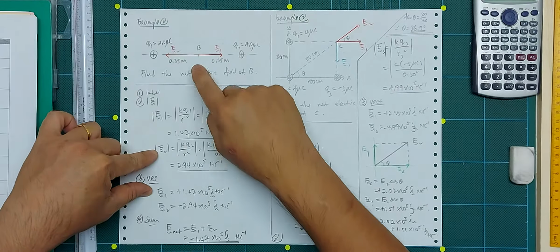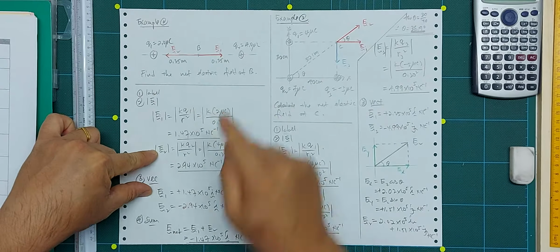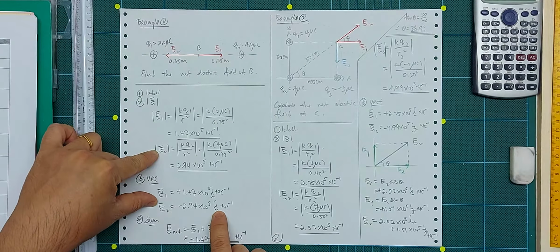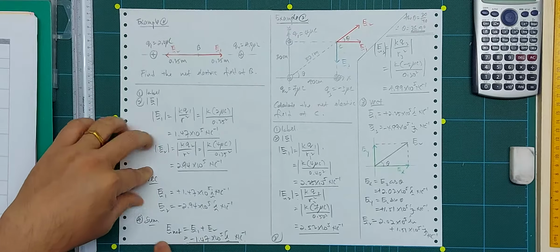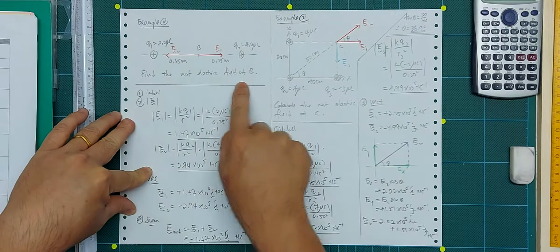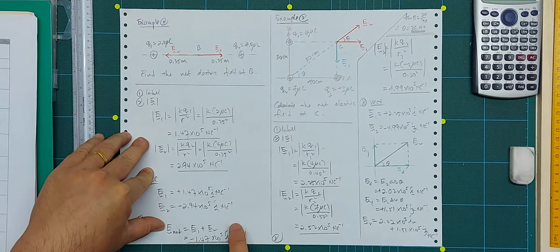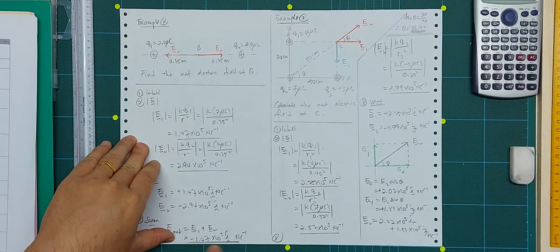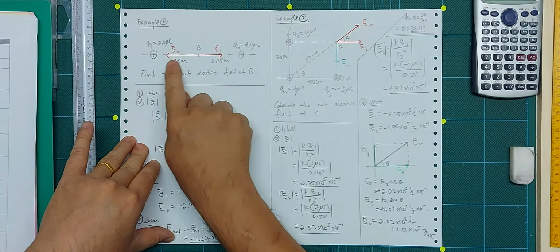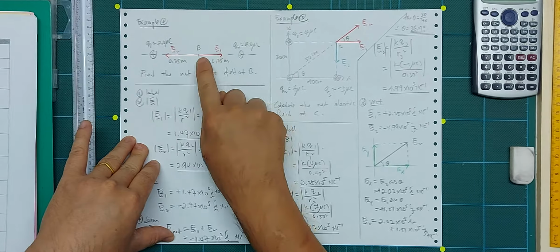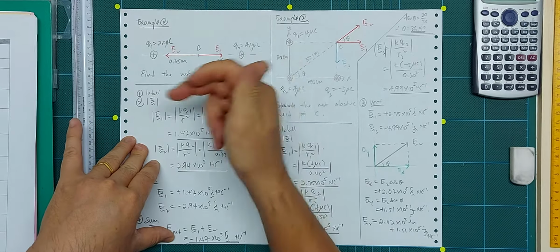And then E2 pointing to the negative x direction, negative i. Magnitudes are the same. Okay, and then step 4, net field. We sum them up. Your E net is equal to E1 plus E2, and this is our answer, negative 1.47 times 10 to the power 5 i. So that means, because this vector is stronger than this one, it ends up pointing to the left hand side.